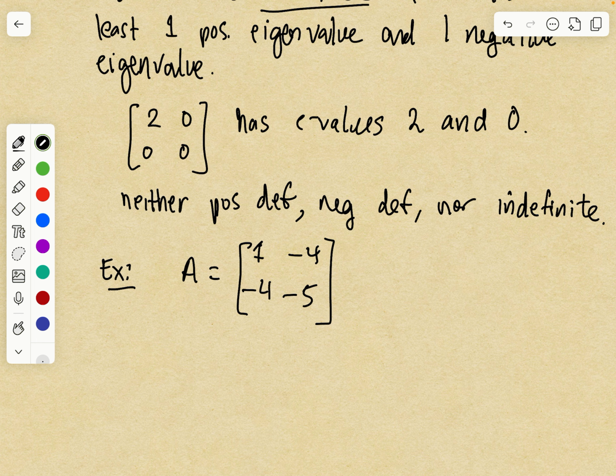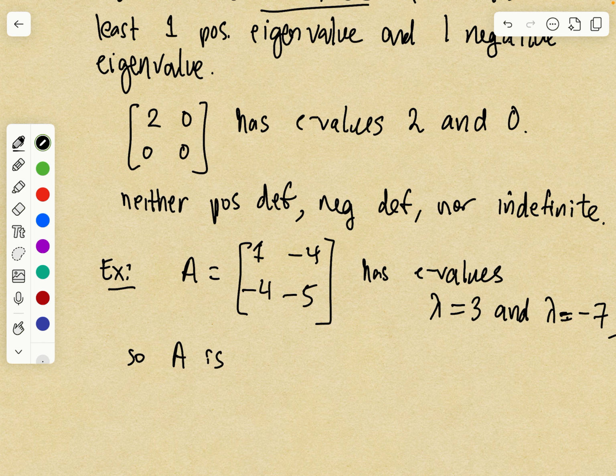It turns out that it has eigenvalues 3 and -7. So A is what? It's indefinite. Okay?